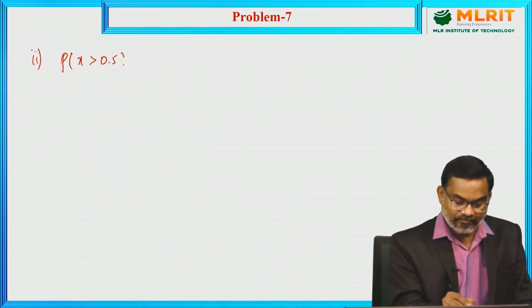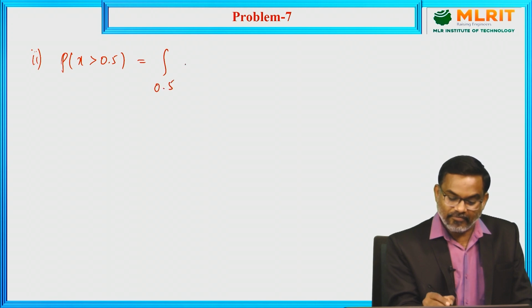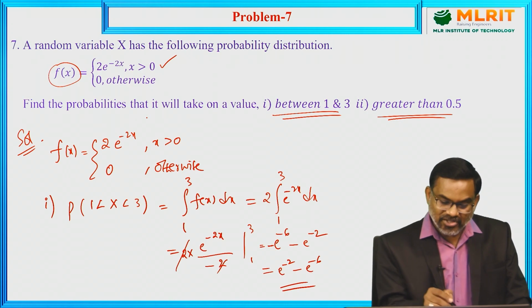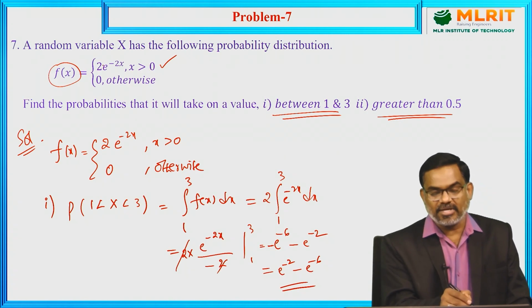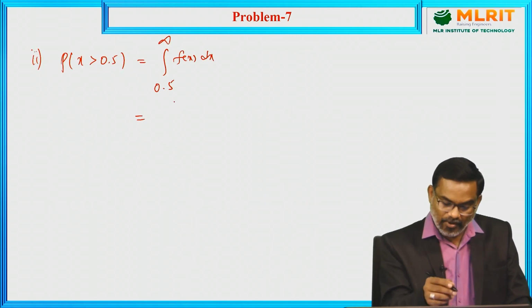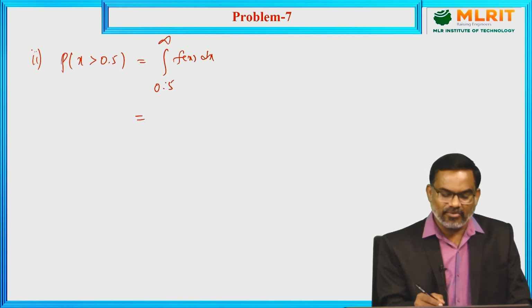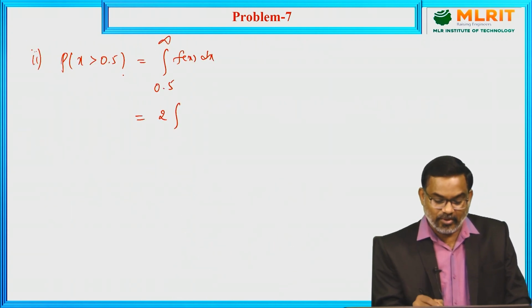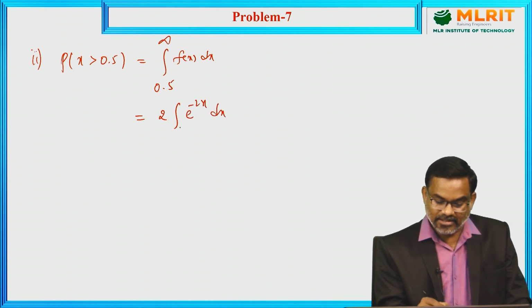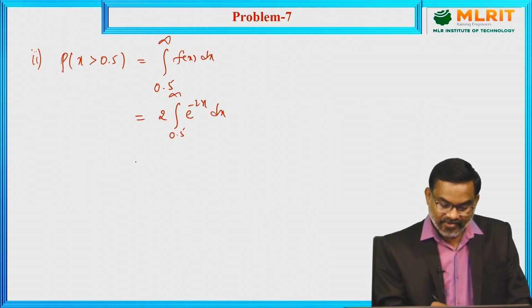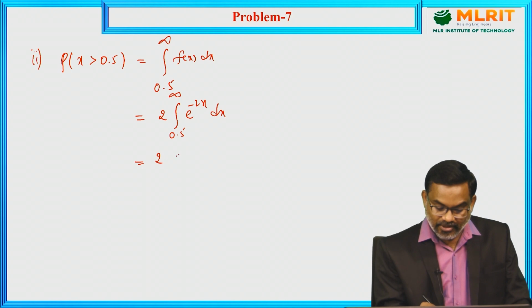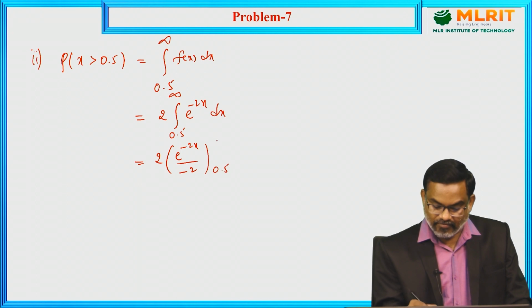0.5. That means the integral of f of x dx from 0.5 to infinity. The function is defined for all positive values of x as 2 e power minus 2x, and 0.5 to infinity, all the values come under positive values of x. So, 2 into the function e power minus 2x dx from 0.5 to infinity. The integral of e power ax is e power ax divided by a. So, e power minus 2x divided by minus 2 from 0.5 to infinity.